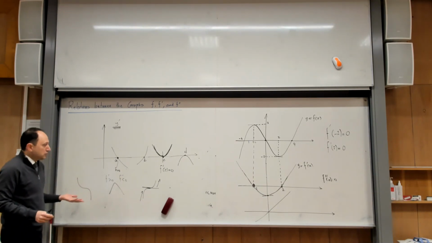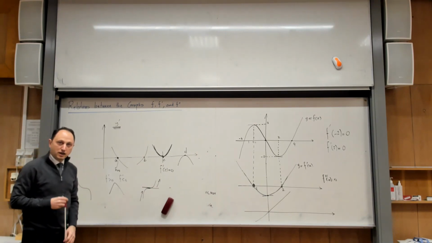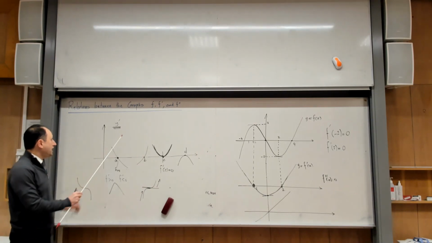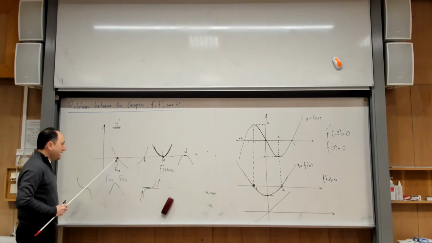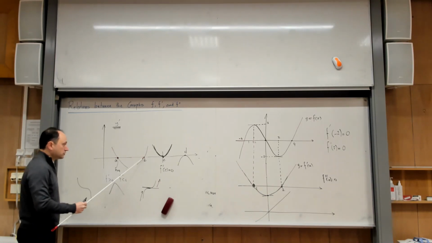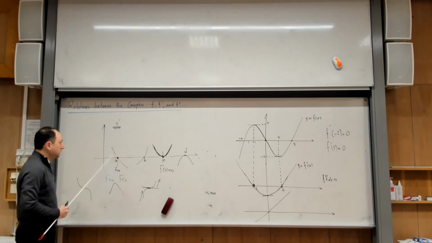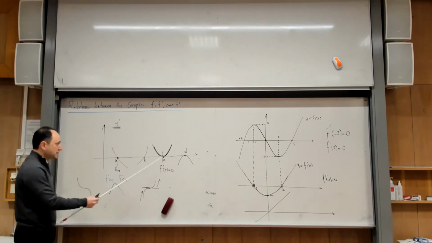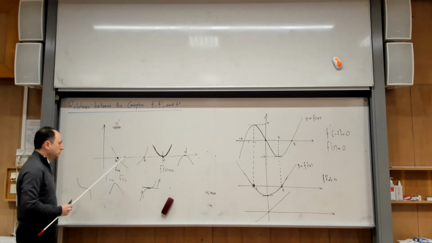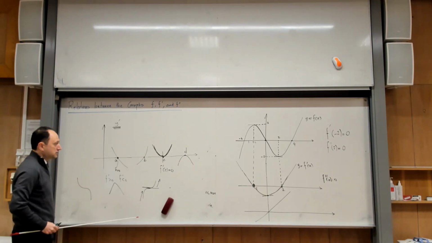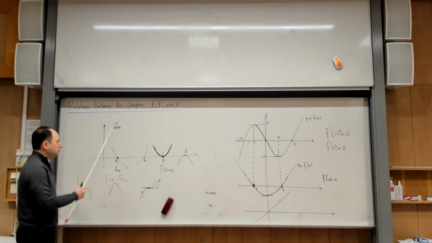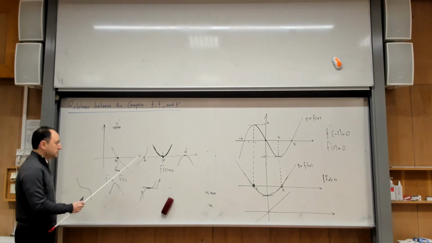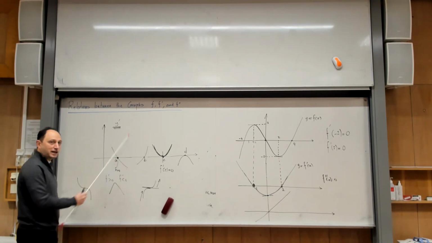So if you want, you can memorize, but I want you to understand, yes? So if you have a graph of the derivative, the zeros are important, where the graph touches or cuts the x-axis. If it cuts like that, up there we will have a max. If it cuts like that, up there we will have a min.